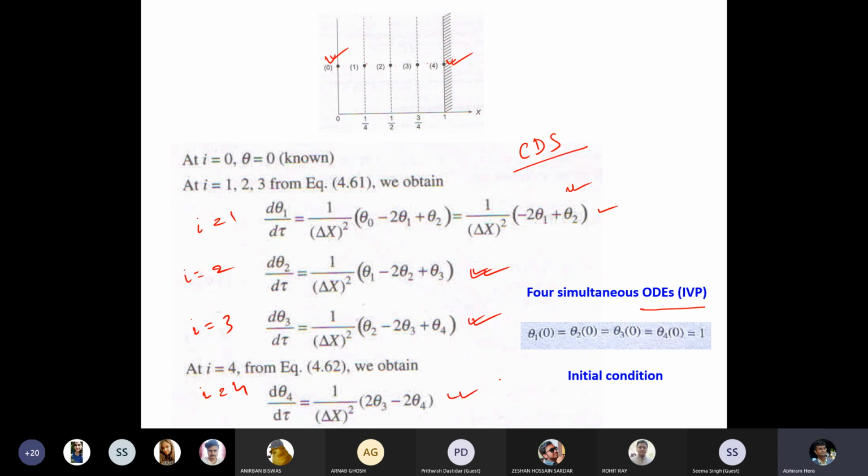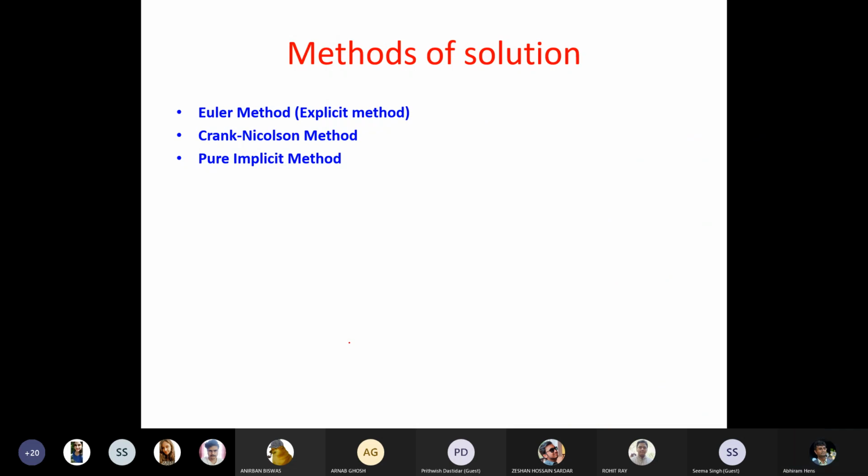Now we need to see how this temporal derivative, the left hand term, can be discretized, because we have not learned it yet. We know how spatial terms can be discretized with the help of forward difference, backward difference or central difference, but this left hand term we do not know yet how to discretize. So that we will see now. For solving such ordinary differential equations, we have 3 approaches.